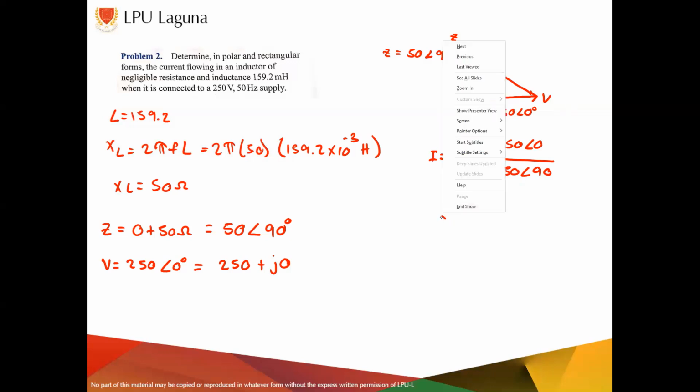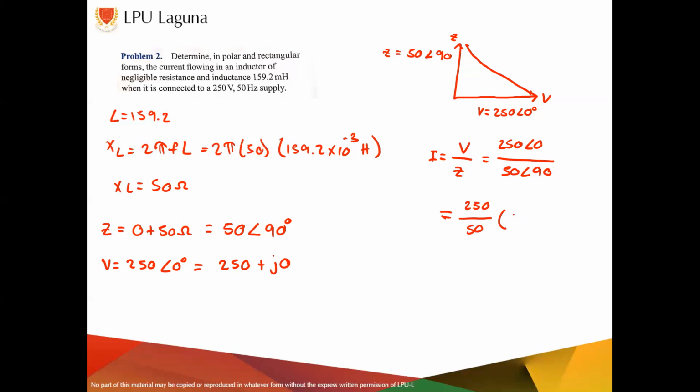Equals 250 over 50, pag-divide, 0 minus 90.